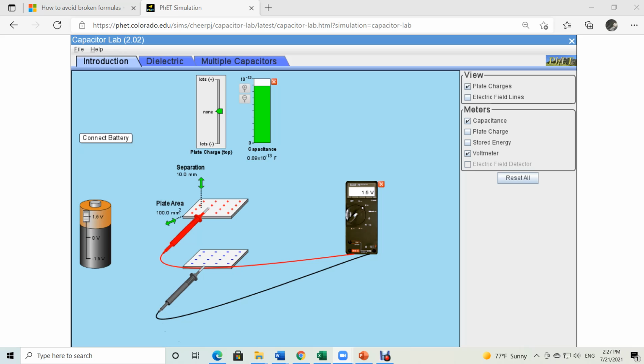Positive with positive, negative with negative. See? Discharged. Because the metals in my key are good conductors. Okay? So that's a little real life demonstration.